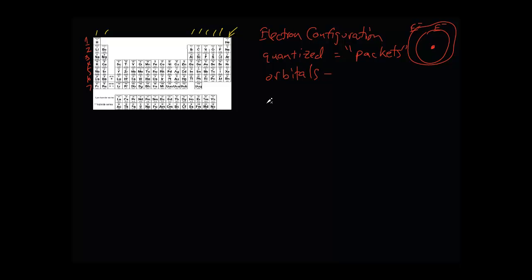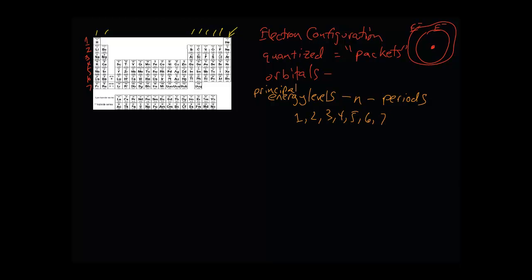All right. So the first thing you need to know is that there are energy levels. You might also see them as principal energy levels, depicted by the letter N. And these just sort of go along with the periods. So you have energy level 1, 2, 3, 4, 5, 6, and 7.